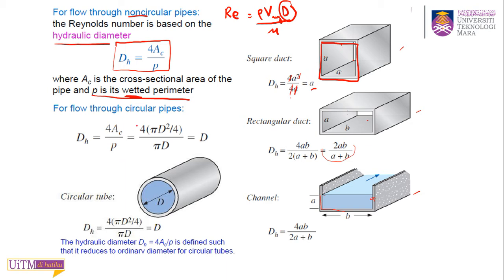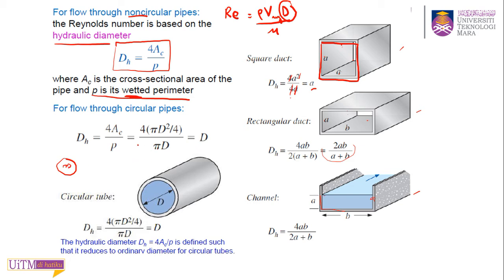But for circular pipes, it's actually the same. We'll use the same equation, but when you work it out, it comes back to the diameter of the pipe. If you do 4 times the area, pi r squared or pi d squared over 4, divided by the wetted perimeter, and to get the perimeter of a circle you multiply pi with the diameter, so pi d.